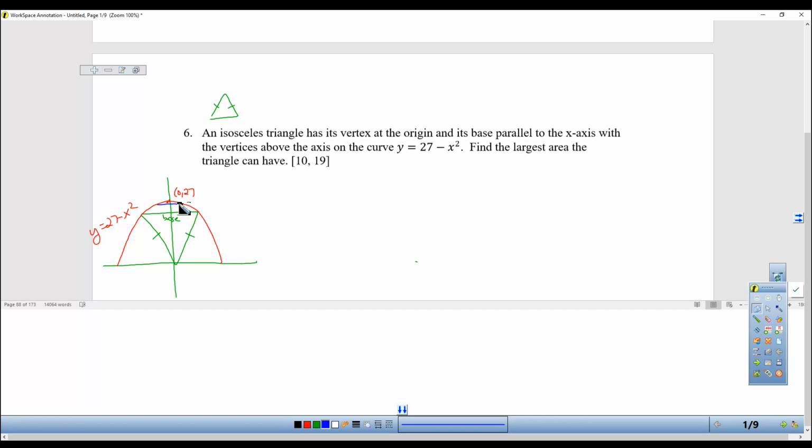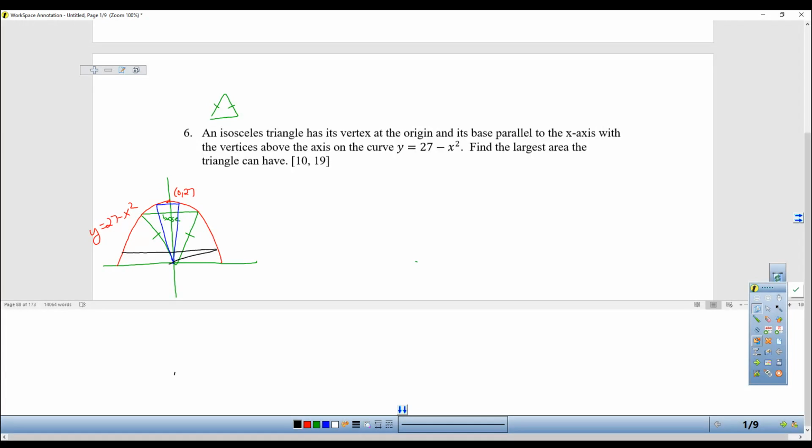I could have drawn it super tall and skinny, or really wide and short like that. But what do all these triangles have in common? In every single case, the vertex is right on that parabola. That's going to be the key to doing this problem.